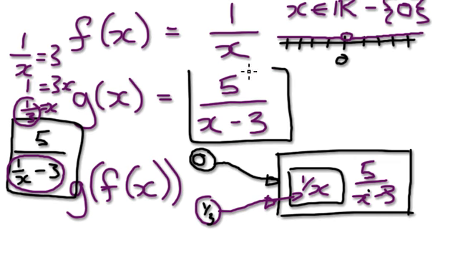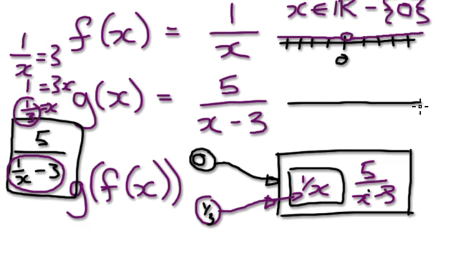So the domain for this function will look like this. You've got your number line, 0, 1, 2, 3, -1, -2, and so on. Let's say this is a third here.